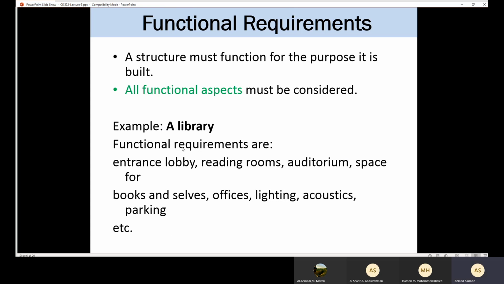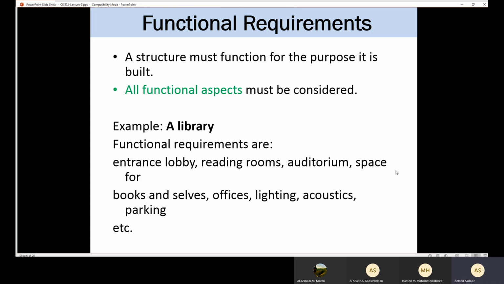So if I construct a library without reading rooms, I am going to miss one of the most important functional aspects, which is not acceptable. If I am going to construct a library, it's important to meet all the functional requirements. It's not acceptable to miss any of these requirements.